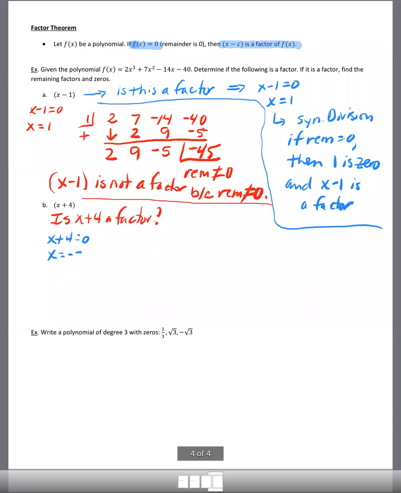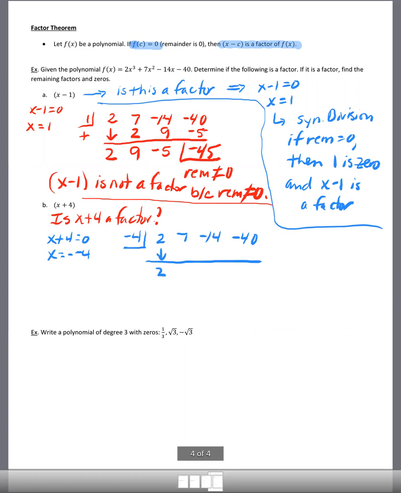This gives me x is negative 4. I will use that as my synthetic divisor in the exact same polynomial function that they gave us. And now we'll do the division. If the remainder is 0, then we have established that we do have a factor.